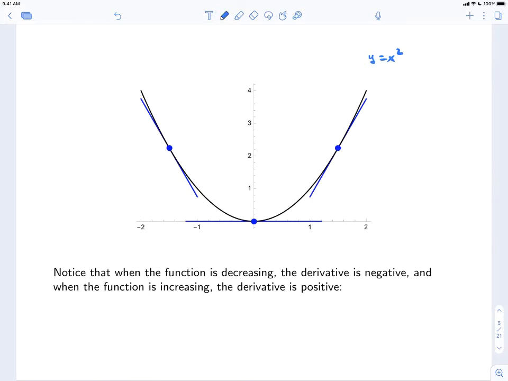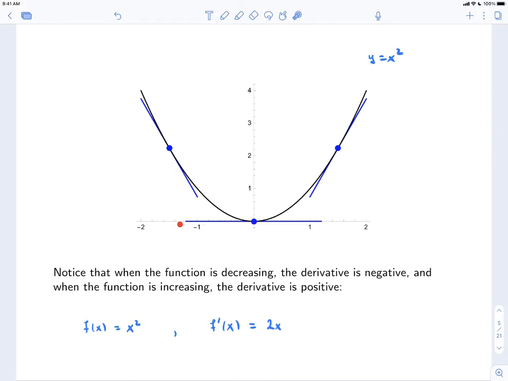So let's just recall that our function here is f of x is equal to x squared. And we found that our derivative function, f prime of x, is equal to twice x. So this gives us a very quick formula for determining the slope of the tangent line.